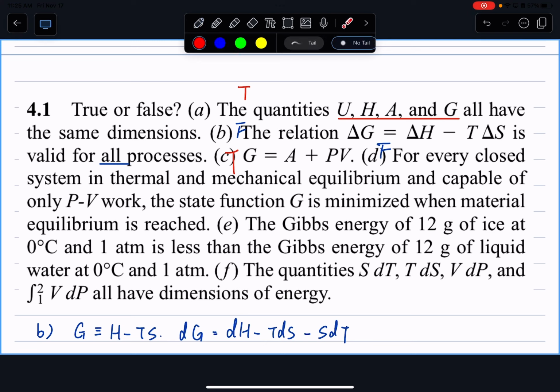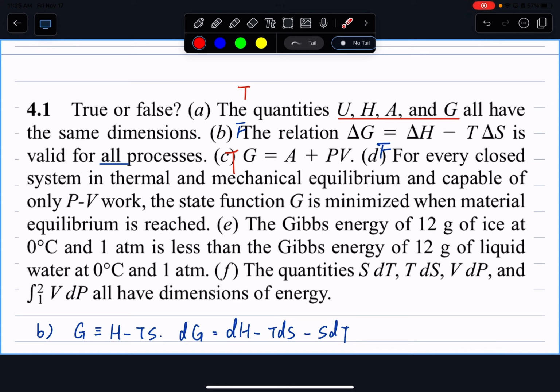Okay, and then we have E here. The Gibbs energy of 12 grams of ice at 0 degrees Celsius and 1 atm is less than the Gibbs energy of 12 grams of liquid water at 0 degrees and 1 atm. So this one is actually tricky. It's tempting to start thinking about delta H and entropy and start doing calculation. But the reality is pretty straightforward. Your normal melting point for ice is 0 degrees Celsius.